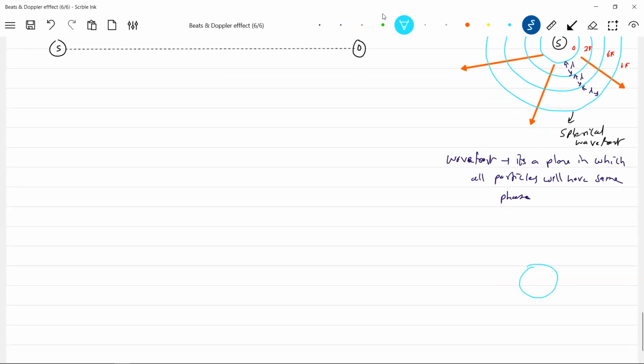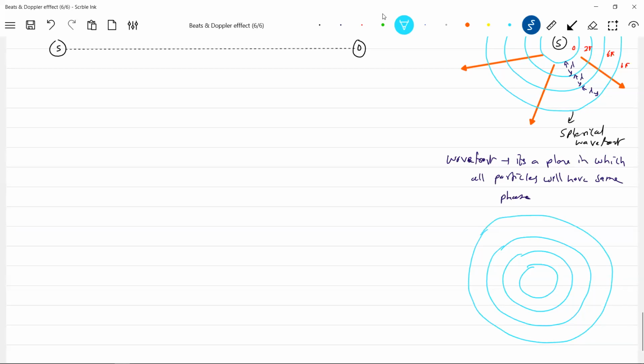Some are asking, sir, if it is phase 0, pi, 2 pi, 3 pi, what is lambda? In this case, each spacing becomes lambda by 2.